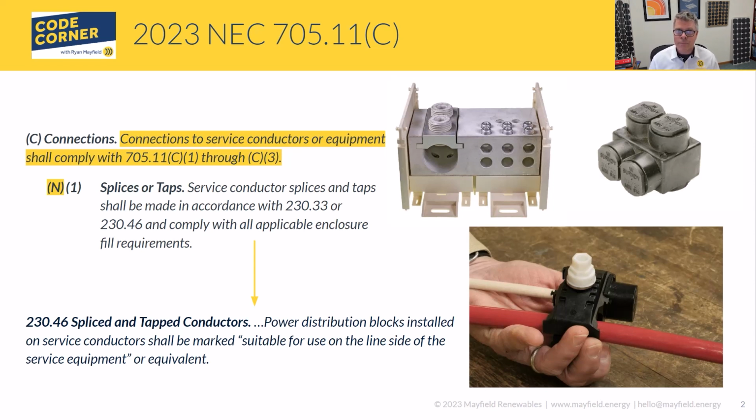The insulation piercing connections that are popular to use, the type where there are vampires or other names that people use for those, where you put the connection over the conductor and you torque down on a hex head or something, and it pierces that insulation, making the electrical connection for you. I don't know of any that are service rated. I know that manufacturers are trying and they're working on that, but to date, I don't know of any that are out there. So you need to be very careful when you're looking at these.